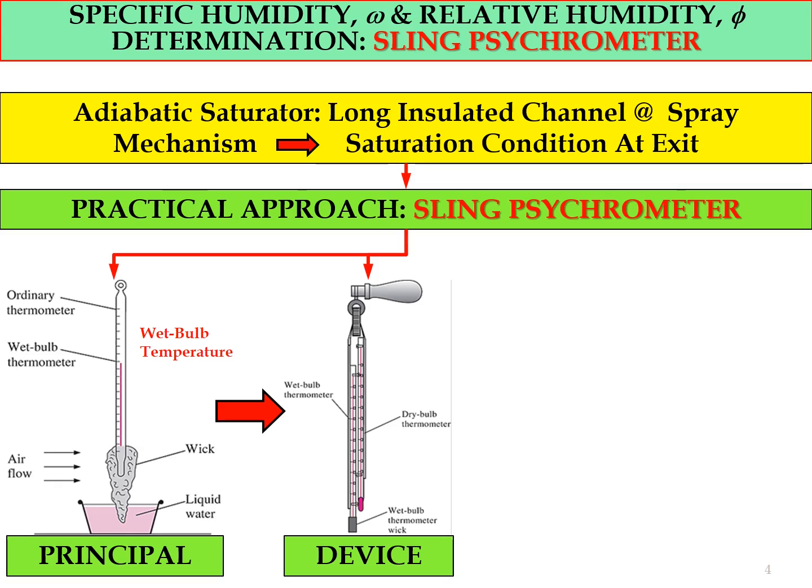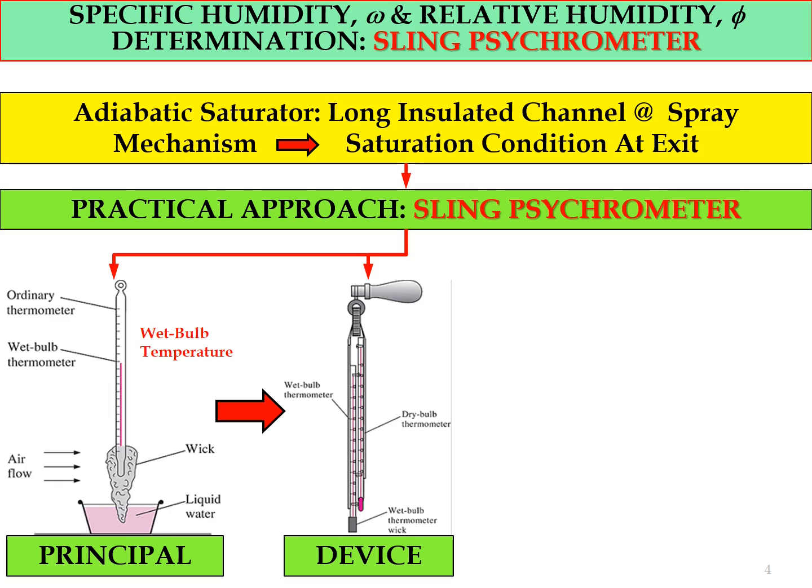We have the dry bulb thermometer, which is the typical or normal thermometer, and the second one is the wet bulb thermometer, where the thermometer bulb has the wet cotton wick.